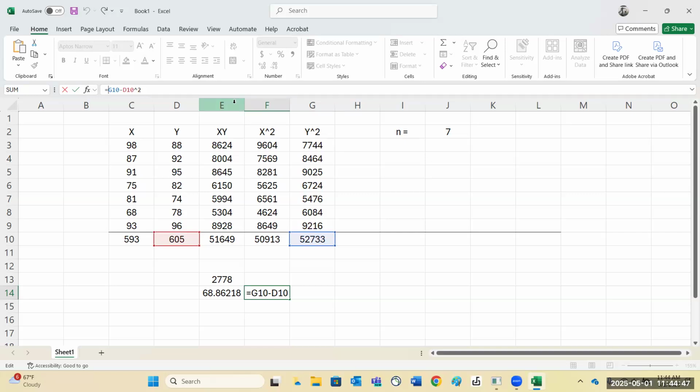This one I need times there. So it should be x squared, which is 10. Take the square root of that. 5.7315.